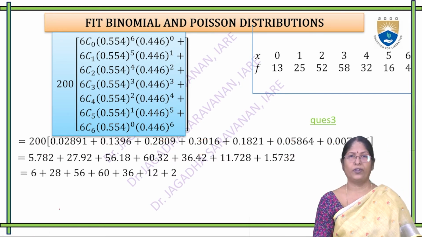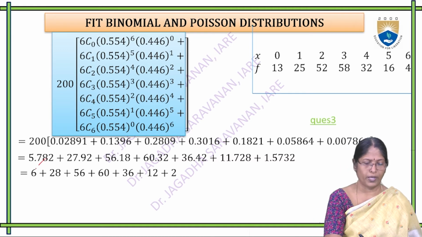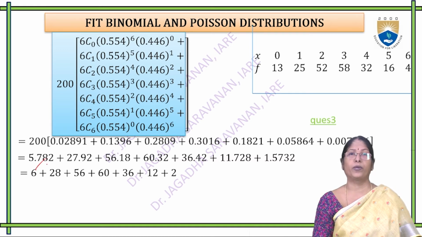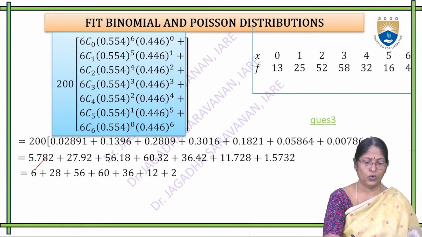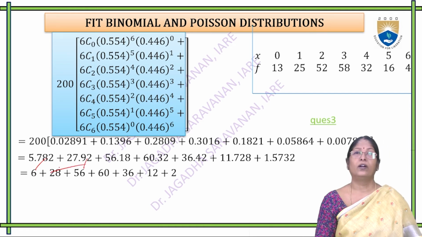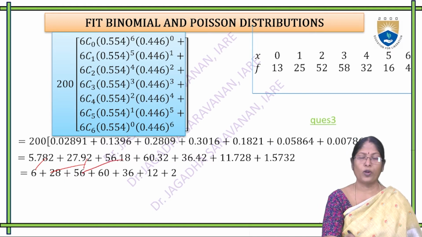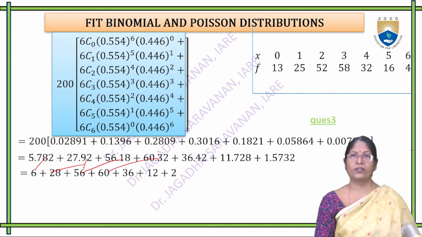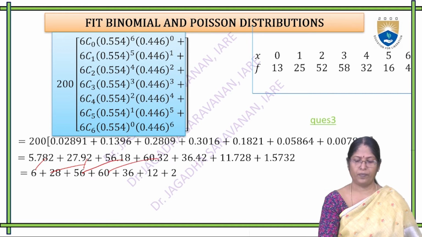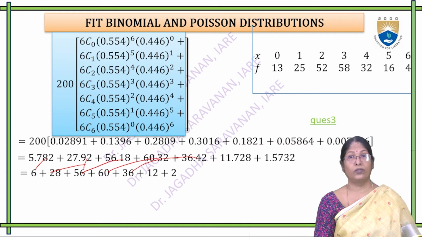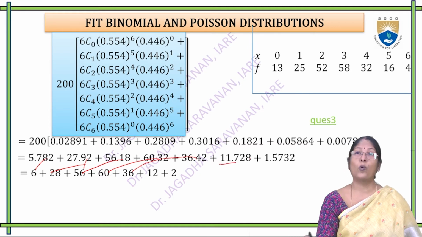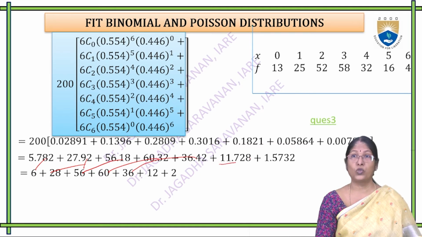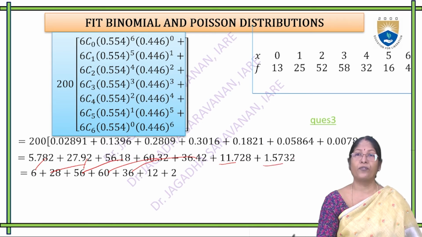Above 5 we did the round off. So this 5.7 has become 6. 27.9 has become 28. This is 56.1, so it is 56. 60.3 is 60. 36.4 is 36, whereas 11.7 is 12, and 1.5 is 2.